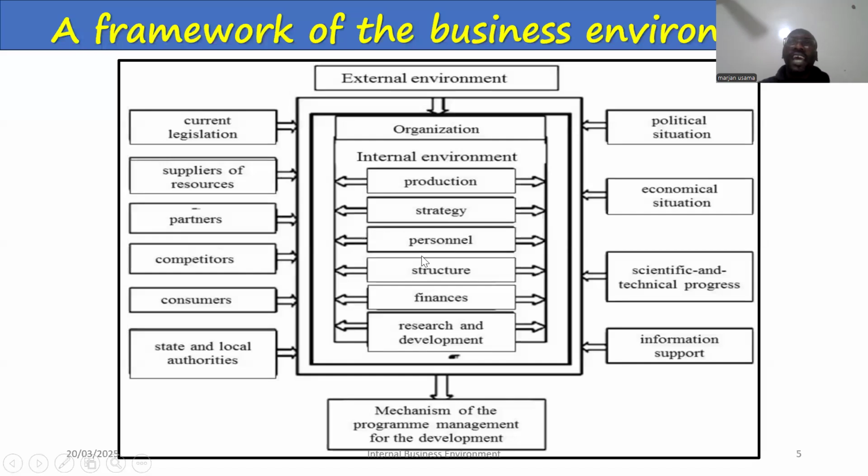For example, if it is Dahabshil Bank, we are talking about what is happening inside Dahabshil: the human resource, the financial resource, the physical resources, and the leadership inside Dahabshil. So when we are talking about internal, it is anything that is happening inside the organization. So when we are talking about strategic management, we have to analyze everything that is happening inside our organization.